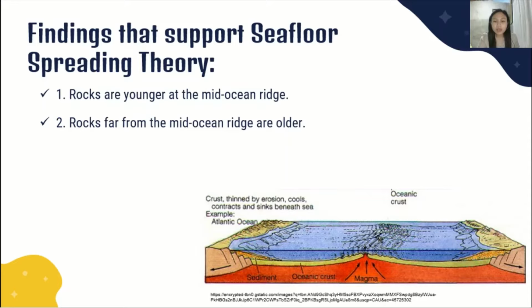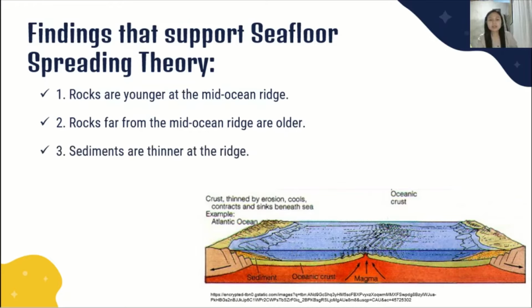So if the mid-ocean ridge has younger rocks and as we move away from it the rocks are getting older, we can say that the youngest rocks are found in the mid-ocean ridge, and the oldest rocks in the ocean floor can be found on the boundary of the continents in the ocean floor.